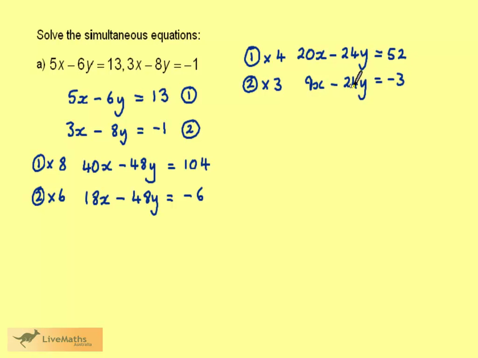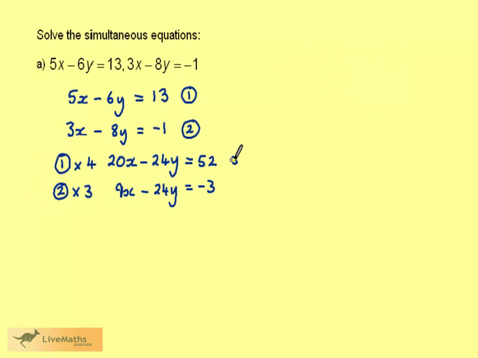Note how we have the same number of y's here, but overall the numbers are smaller. We're going to work with the pair of equations that had the smaller numbers. Smaller numbers mean our calculations are easier.